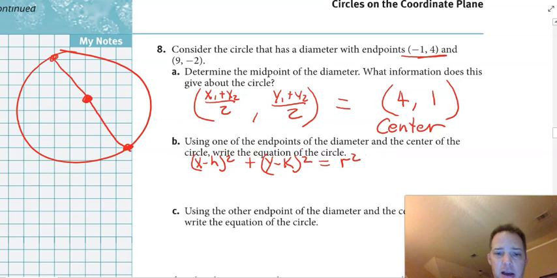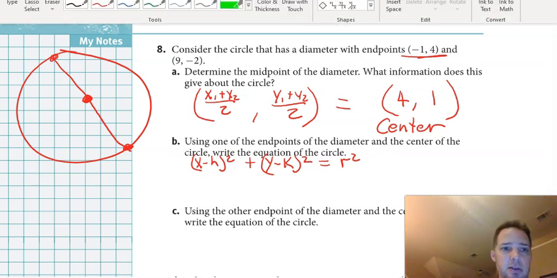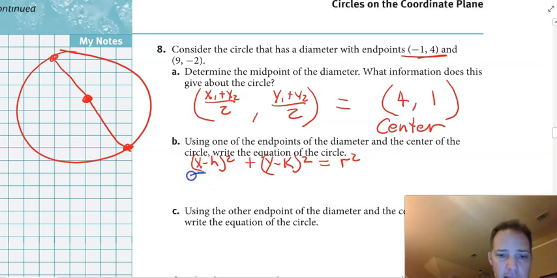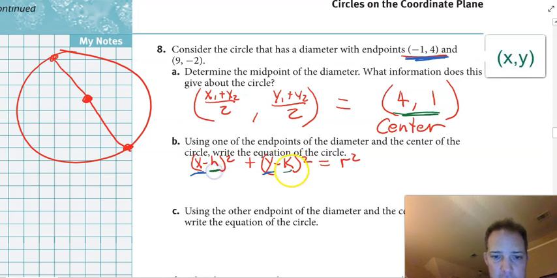Let's plug in, we have a coordinate here that we can use. For x and y, we're going to use a point that's on the circle, so we're going to use this one here. And for the center of the circle, we're going to use h, k. So this right here is going to be h and k for the center of our circle.